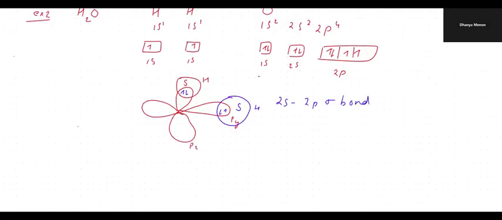So this is the Lewis structure for two sigma bonds, OH single sigma bond. You don't have to mention single because sigma means it is a single bond.